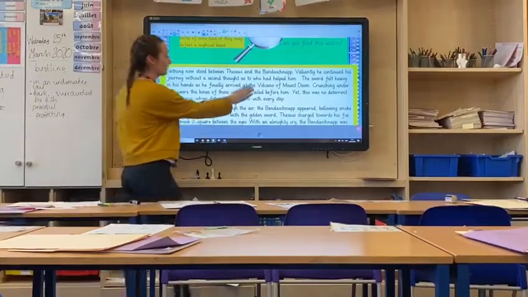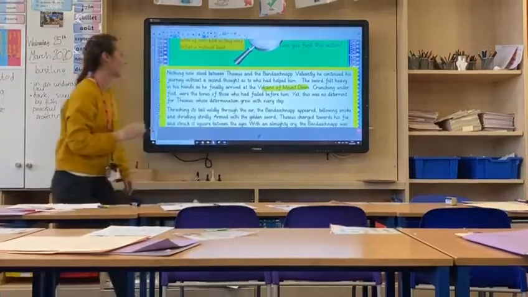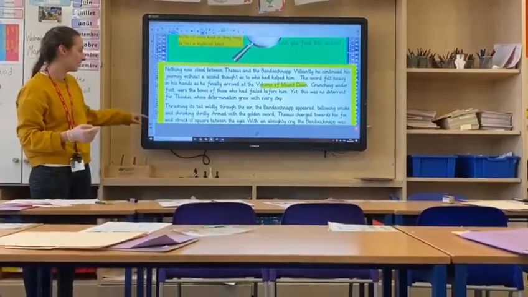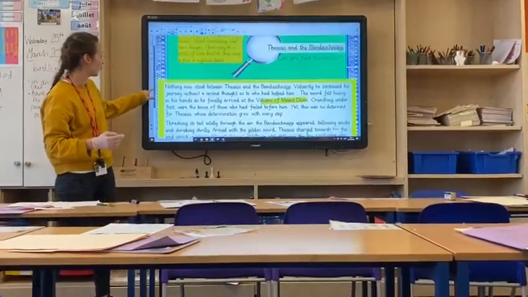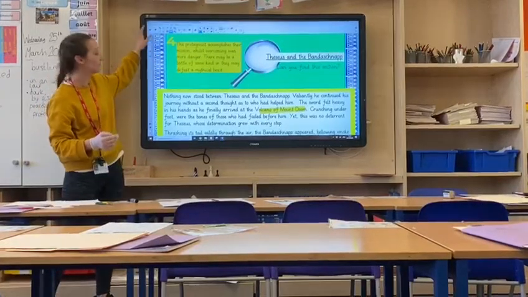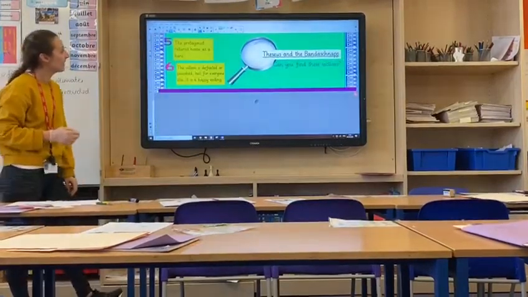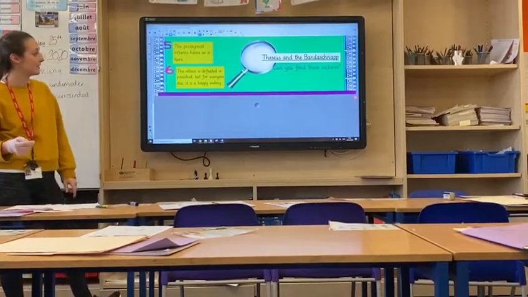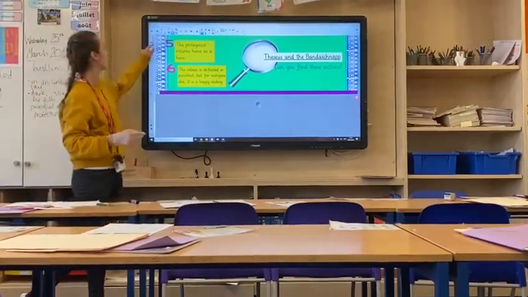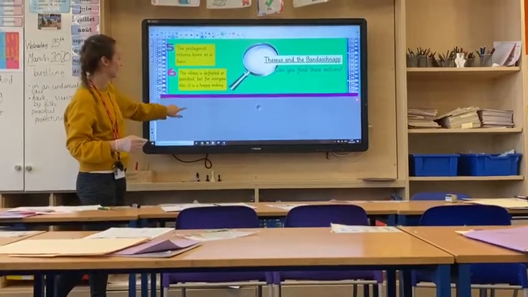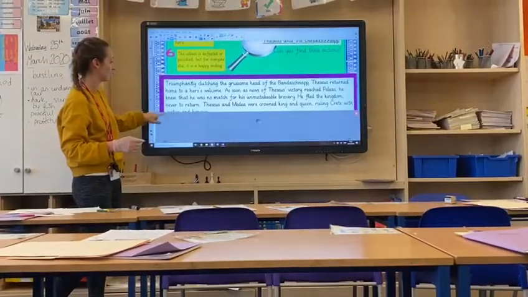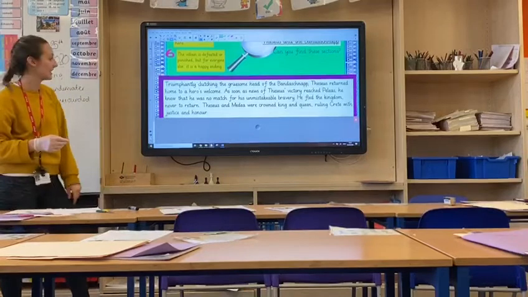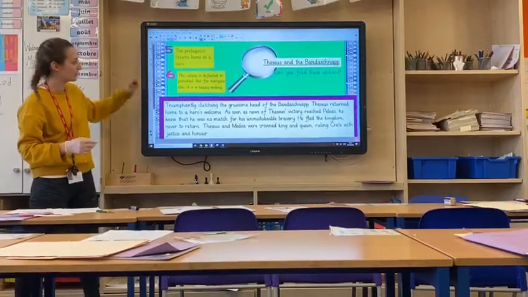Okay, so they've got here the volcano of Mount Doom. There's bones there, and there's another mythical beast in that section as well. Section 5, the protagonist returns home as a hero, and then section 6, the villain is defeated, and everyone else has a happy ending. You can do both of those sections together, as it's only 2 quite short ones.